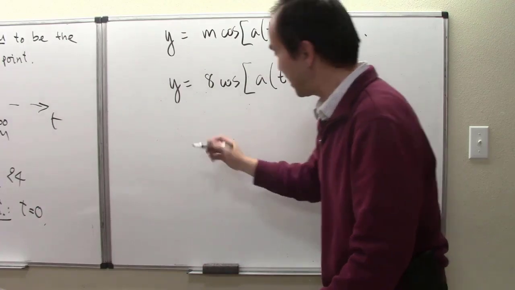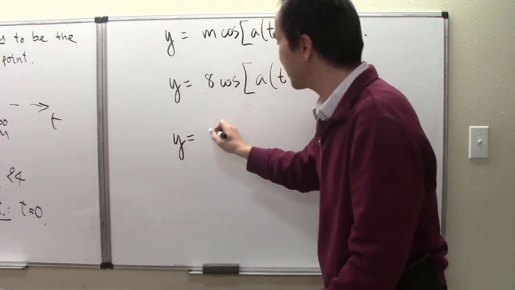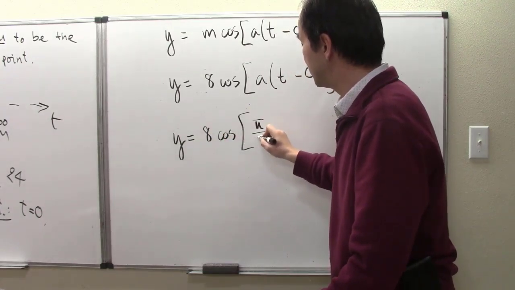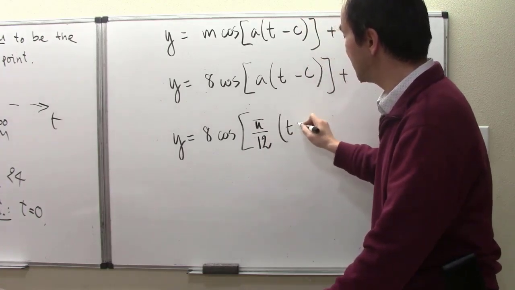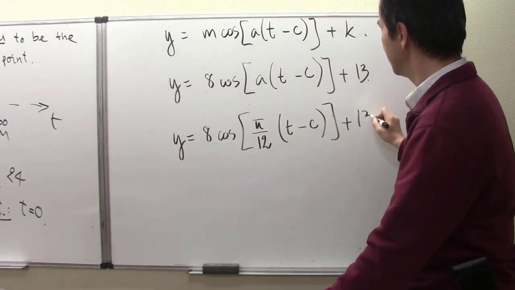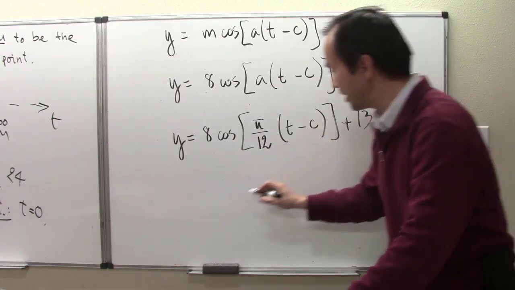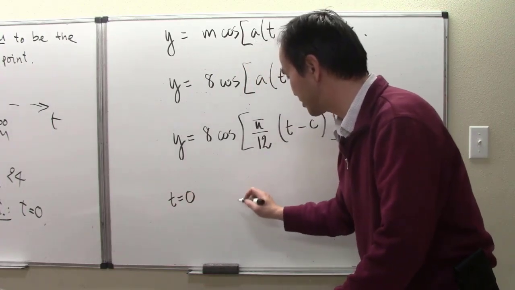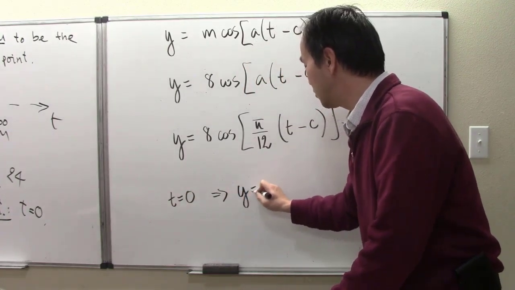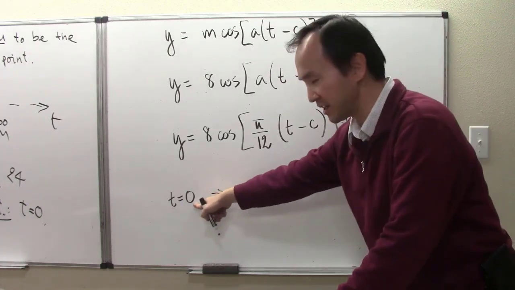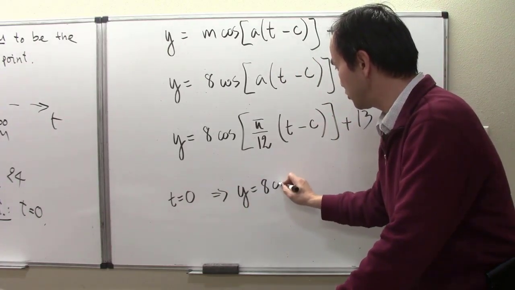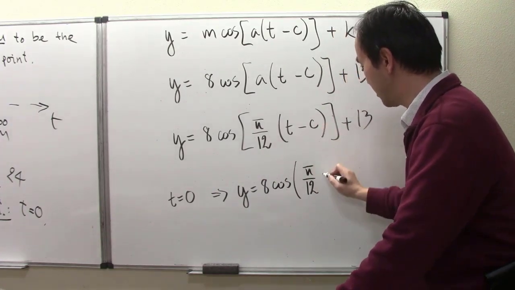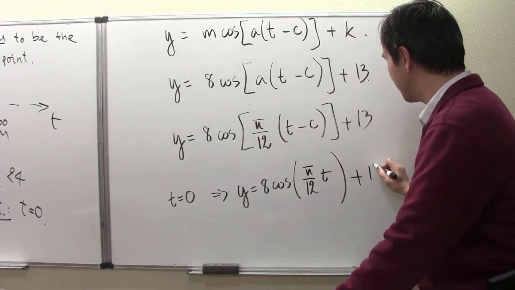And so my equation is further completed as 8 times cosine of pi over 12 times (t minus the starting point), plus 13. Since the starting point is chosen to be 0, we substitute 0 for c, so our function is completed as y equals 8 cosine of pi over 12 times t, plus 13.